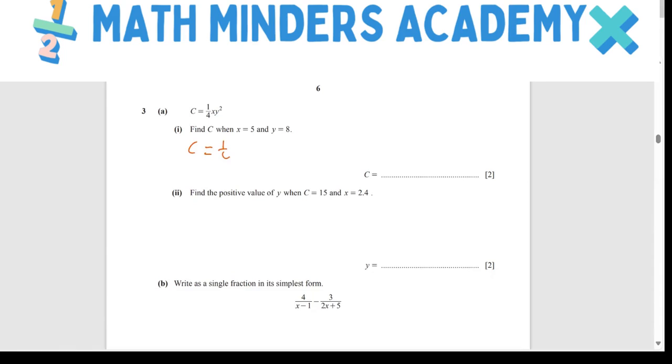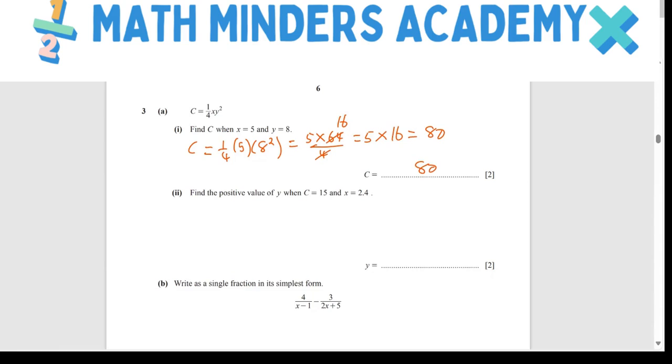That will give us 1 all over 4 times 5 times 8 squared, okay? So which is 5 times 64 all over 4. That's 5 times, this will go 16 times here. Okay, so this gives us 80 entirety here.